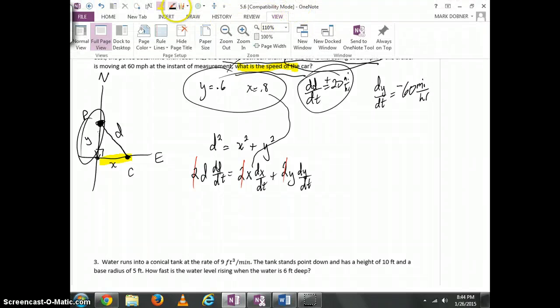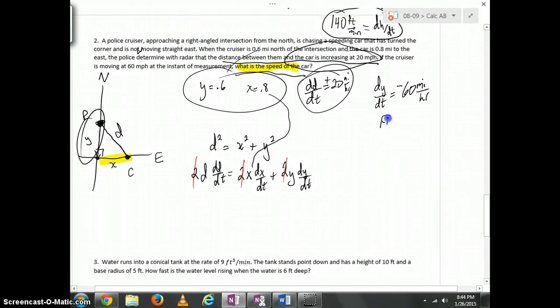Find dx/dt is really what we're asked to do. But very quickly, students will realize, either right now or as soon as they plug everything in, that there is something missing. We are missing the value of d, the distance between the two cars.